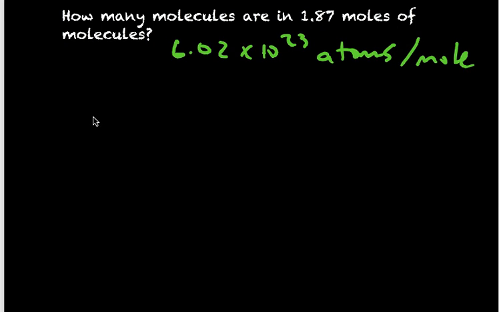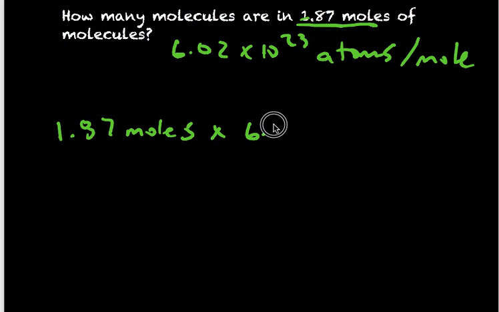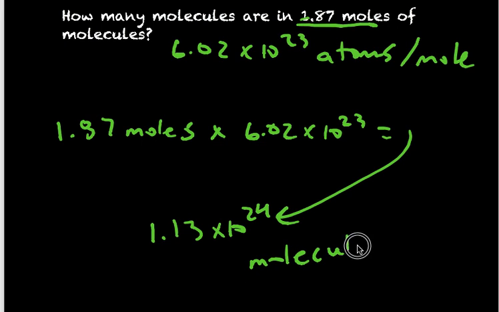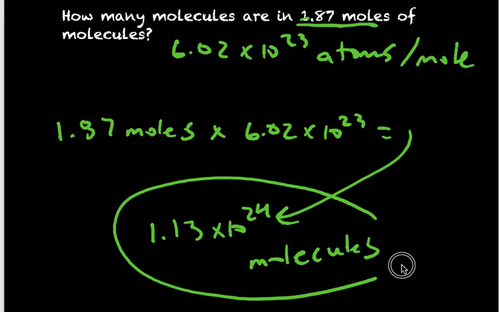For this problem, all you need to do is multiply 1.87 moles, which is what we're given, by 6.02 times 10 to the 23rd. That gives you an answer of 1.13 times 10 to the 24th molecules. And that's your answer.